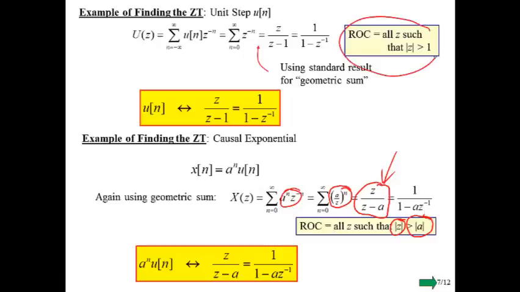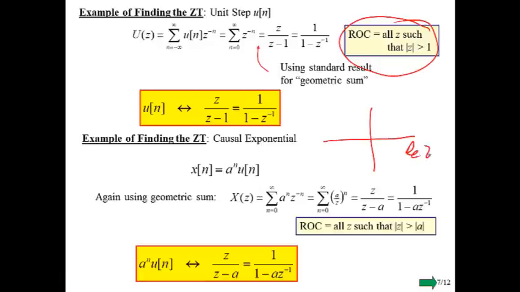Actually, I misspoke. The region of convergence is not inside the unit circle, it's outside the unit circle. So I'm sorry for that. So this is saying that this converges for all the z. So here's real Z, here's imaginary Z. I draw a circle with radius a, and it converges for all values outside there.